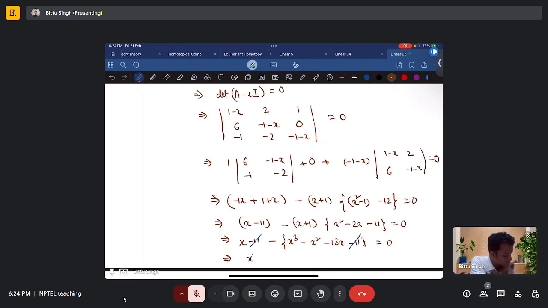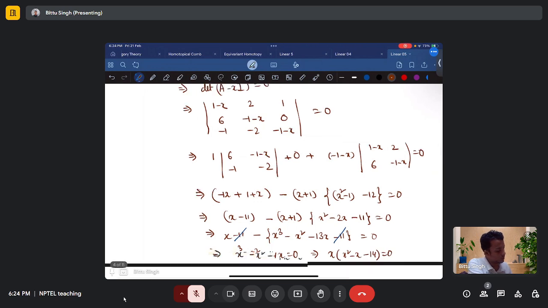Just multiply with a negative sign, which will give us x cube minus x square minus 13x, and there will be minus x, that is minus 14x. This is 0. So from this, taking x common, we get x square minus x minus 14 is 0.